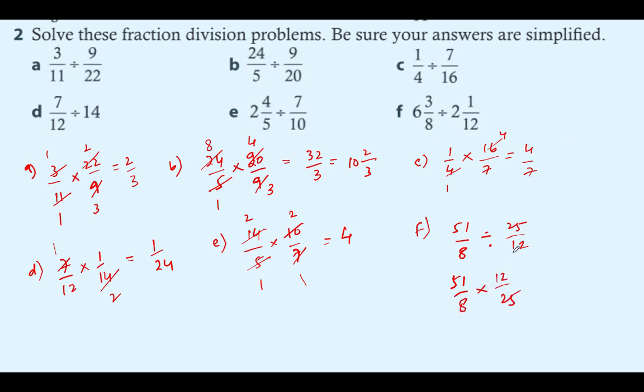We can simplify 12 and 8, so this becomes 2. 4 2s are 8, 4 3s are 12. Now 51 times 3 is 153, and 25 times 2 is 50. Now we need to simplify this, so 50 times 3 is 150, so 3 is the remainder.